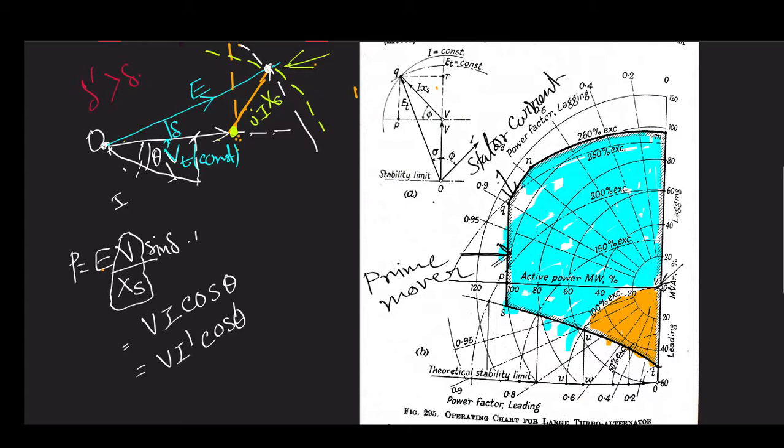Now this one, like here, if you consider, then from N, who governs this arc? Why can't we maintain a constant MVA arc like this?